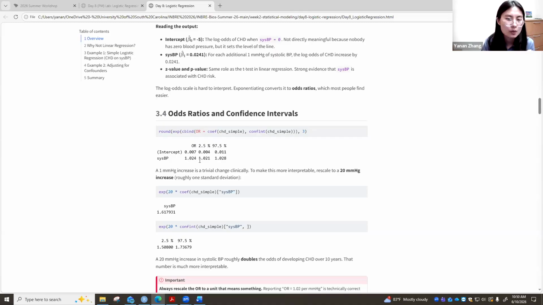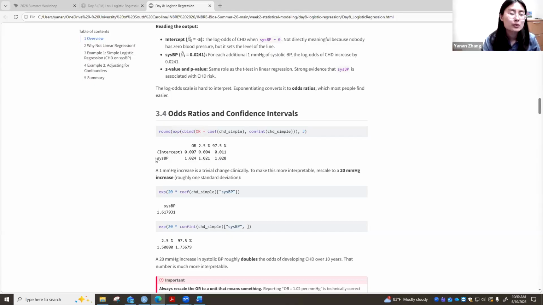And the confidence interval for the odds ratio will be between 1.02 and 1.03, right? It's not big. Thinking about it clinically, a 1 millimeter of mercury increase in systolic blood pressure is too small, right? It's trivial.